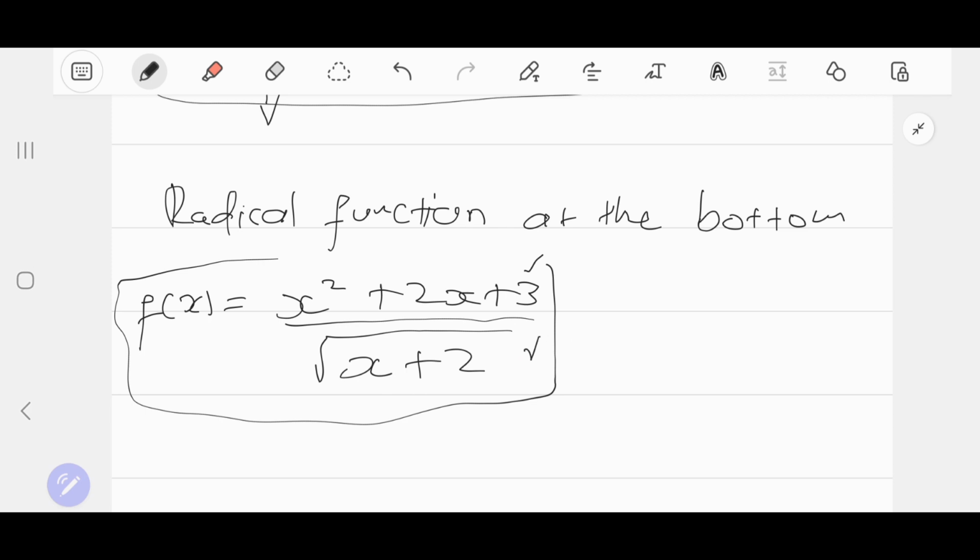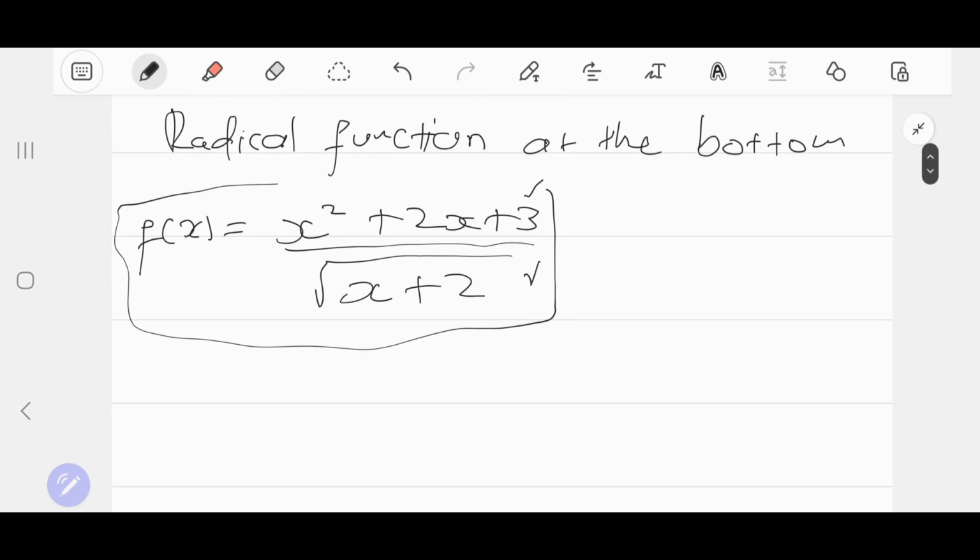Please refer to the previous video, people, to make sense of this. You must always check whether the radical sign is of an even or an odd root. Those are also factors that you're going to take note of. In this case, this one is of an even number.